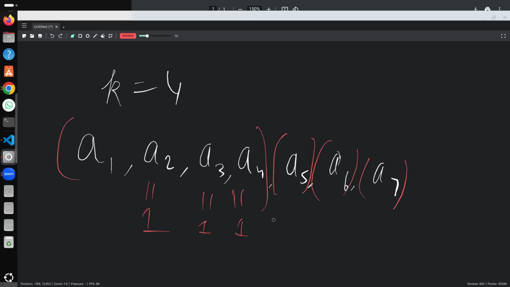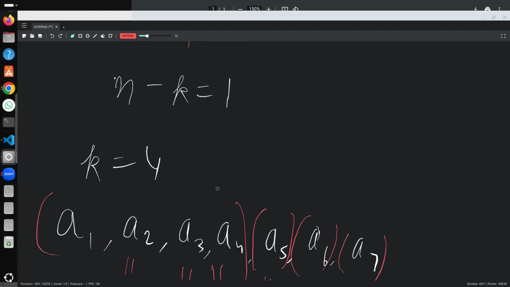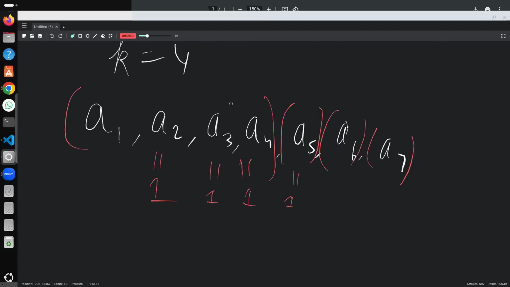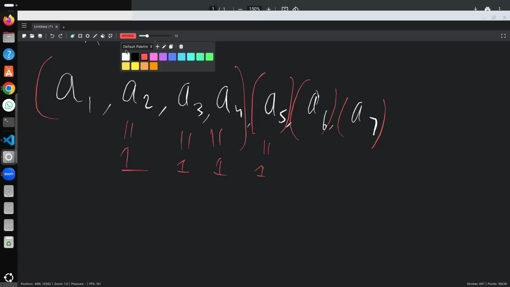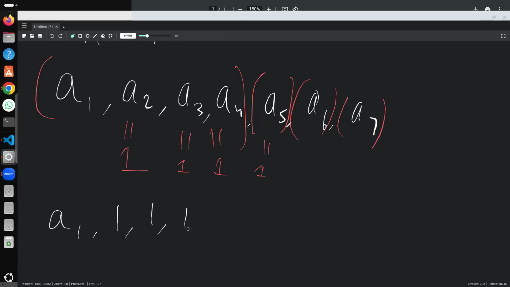This is equal to 1, this is equal to 1. Then in that case also we just do the same thing, like what we did above. So basically the array becomes A1, 1, 1, 1, 1, A6, and A7.